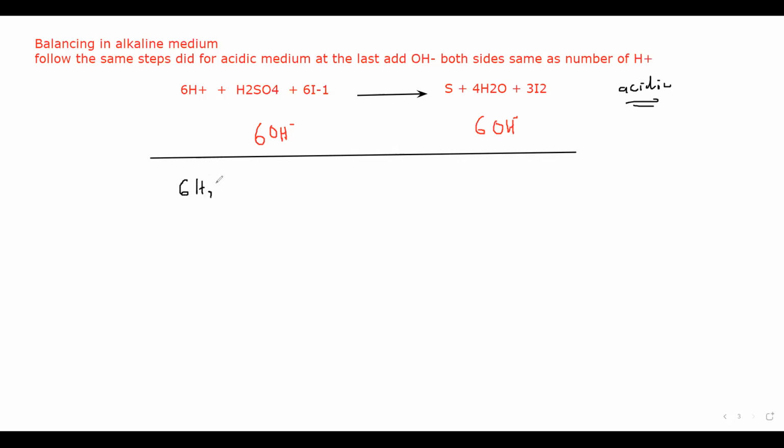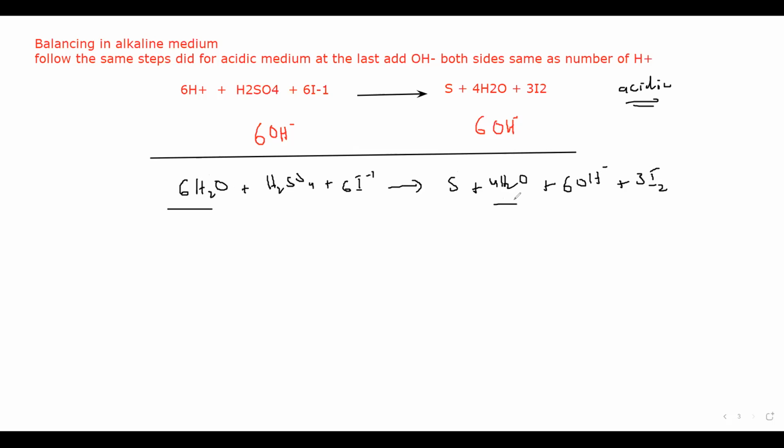So there will be 6 water molecules, H2SO4, 6 iodide ions, and sulfur plus 4 water molecules plus 6 OH ions plus 3 iodine molecules. But you can see water is on both sides.